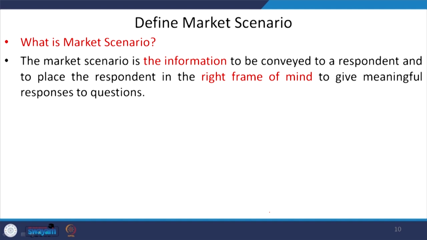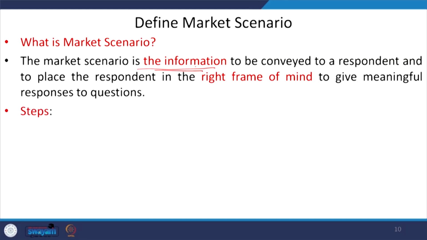The first task is to convey all the necessary information to the respondents, so that they will be in a judgmental mood, take the right decisions, and be in the right frame of mind to respond to the questions posed.